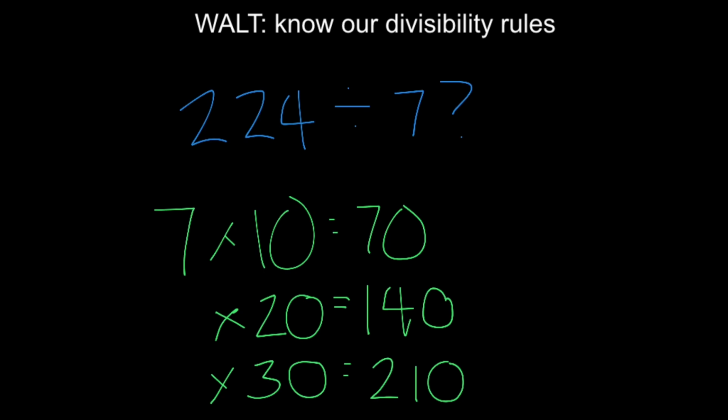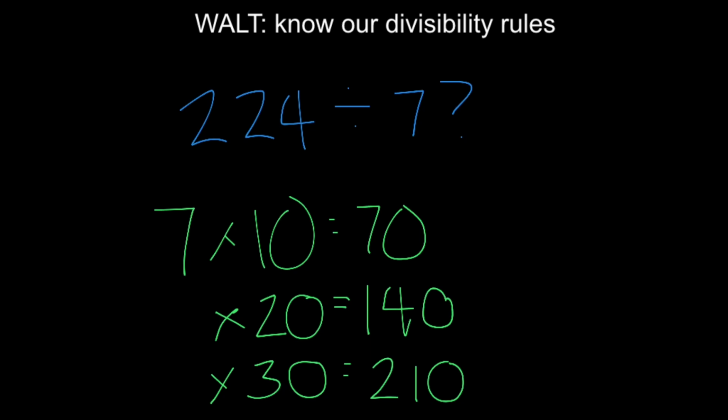It's almost like using just our 7 times table and going 7, 14, 21 with a 0 on the end, isn't it? That's why our times 10s are so easy. Now let's just stop and think what we know. We know for sure that 210 is definitely divisible by 7 because 7 times 30 is 210.